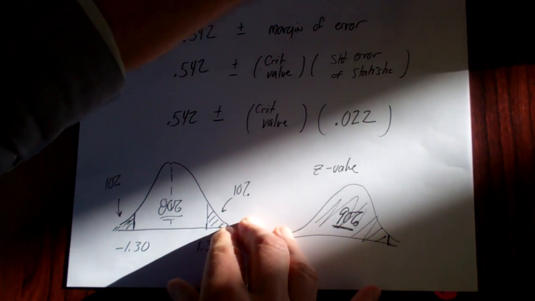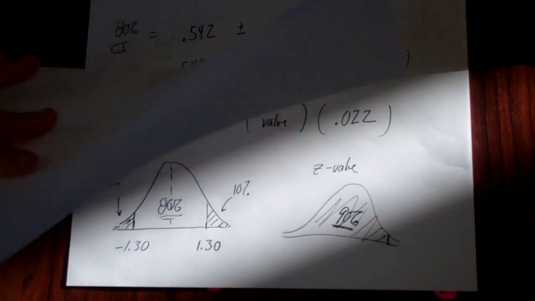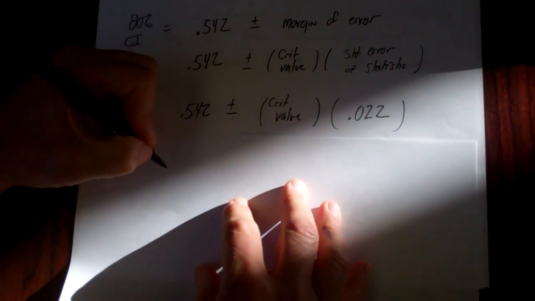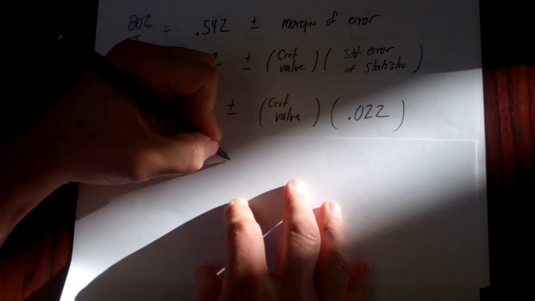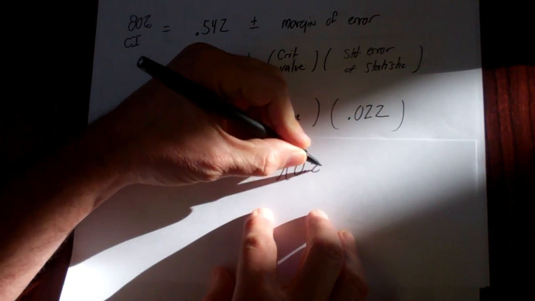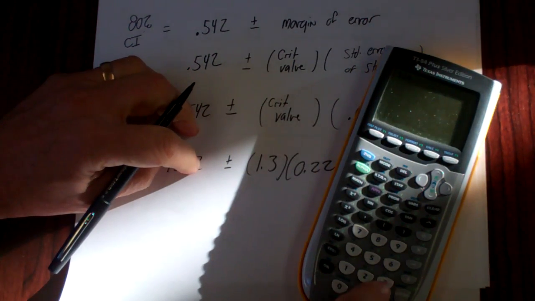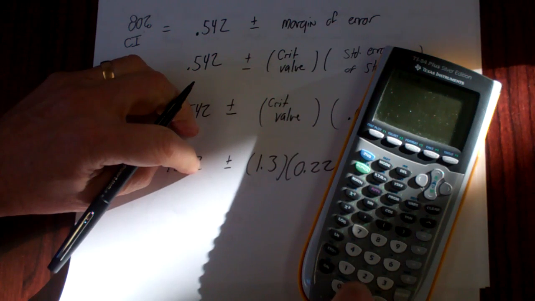So your final confidence interval is going to be 0.542 plus or minus 1.3 times 0.022. Let's just calculate that on our calculator. First thing you do is you go 1.3 times 0.022.